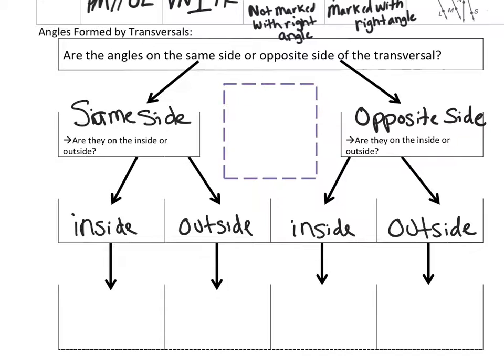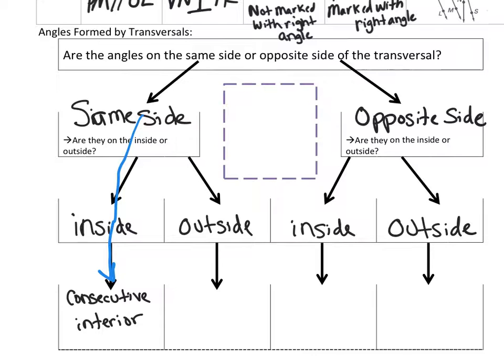And then from these answering of questions, it actually brings us down to four different types of angles. The first one is we're going to call consecutive interior. So if they're on the same side, on the inside, so same side inside, they're going to be consecutive interior.